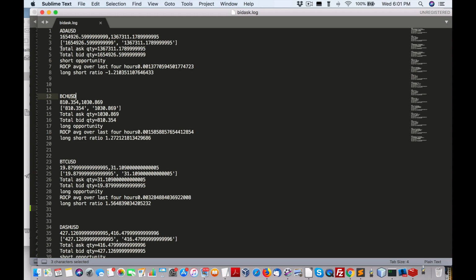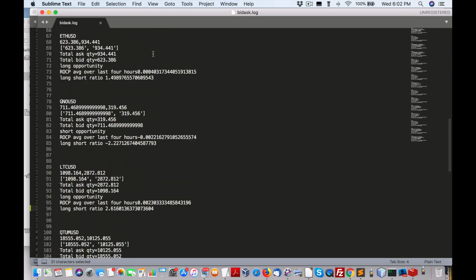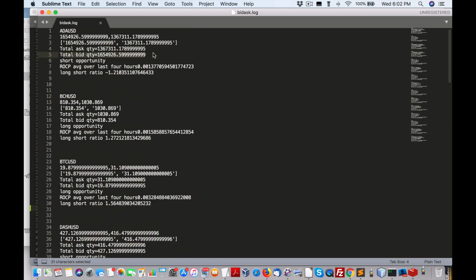So here, what I measure is every hour I create this log that will give you total ask quantity and total bid quantity on Kraken at that time when this is created. And I do it for every single coin that matters that I watch or will potentially trade.